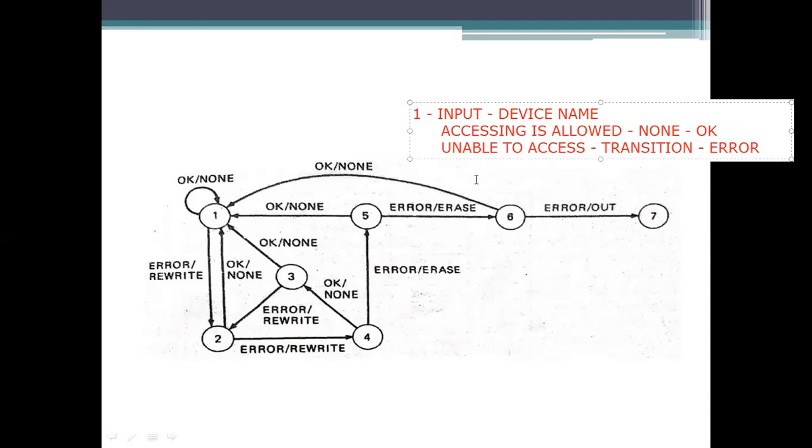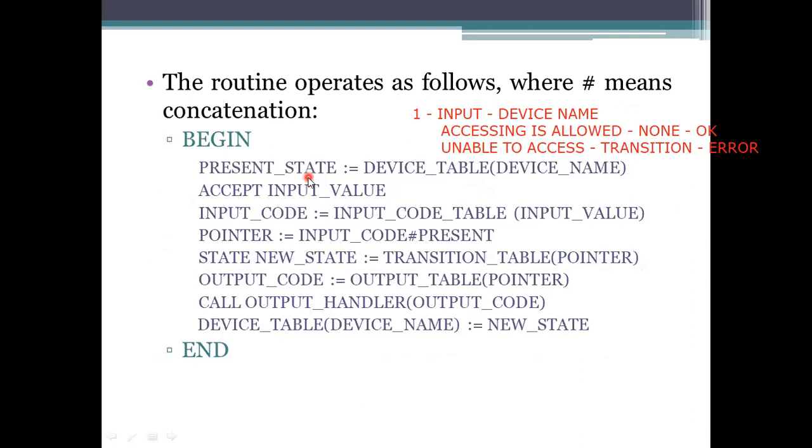So what do I have to update for this processing? Get into the beginning, the present state. What is the present state here? 1. I took the device name also and accepted the input value. Accepted the input value means I provided either okay or error.